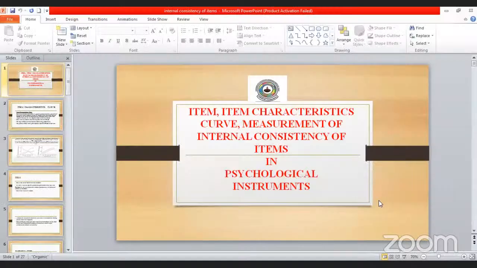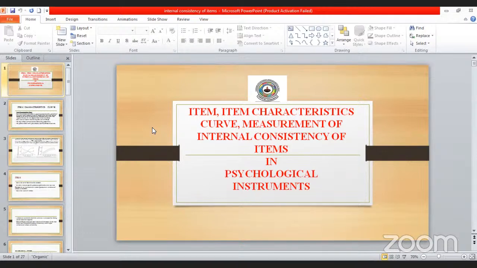Yeah, you're enabled. Is it visible? Yes.